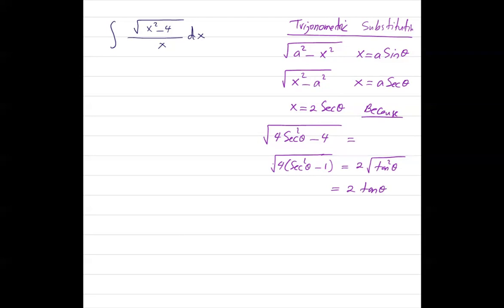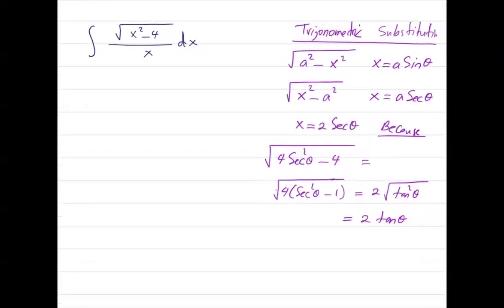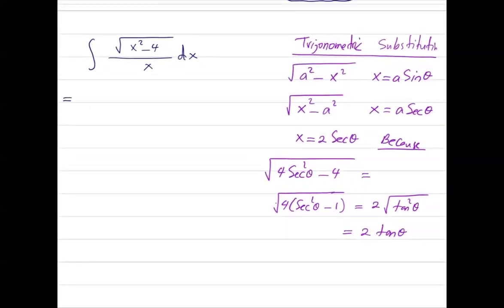So let us go back to our integral. This becomes the integral of, on the numerator, 2 tangent theta. On the denominator, you have x, which is 2 secant theta.